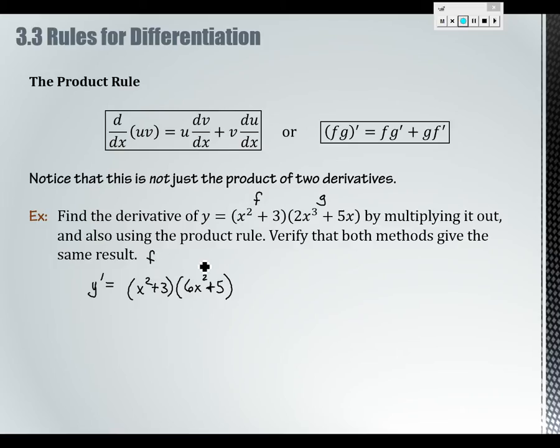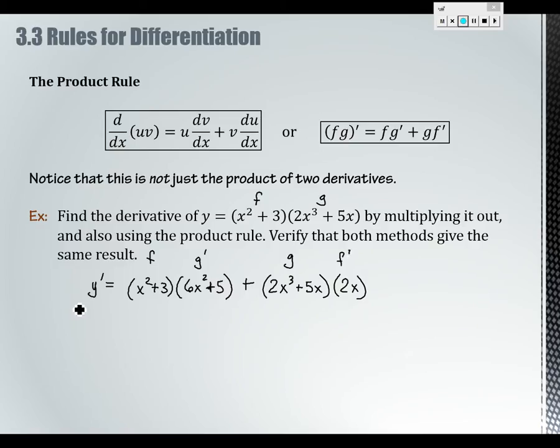Isn't this f g prime plus g, the second thing, 2x cubed plus 5x, f prime, which is what? All right, does that look good?